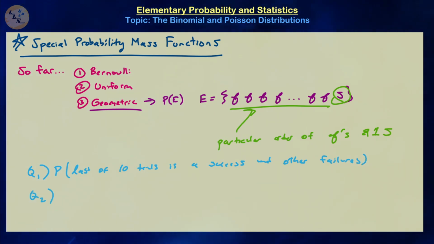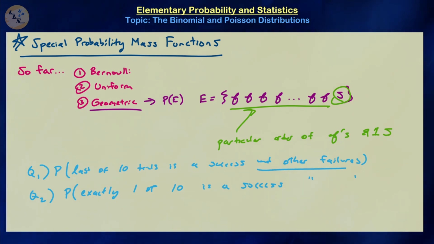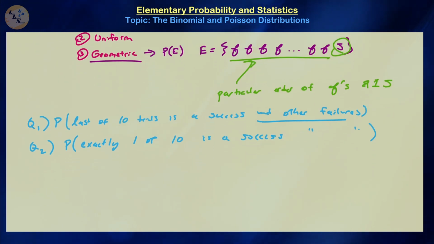And question 2: what is the probability that exactly 1 of 10 is a success and the others are failures? In terms of the difference between the two, one can easily find the connection.